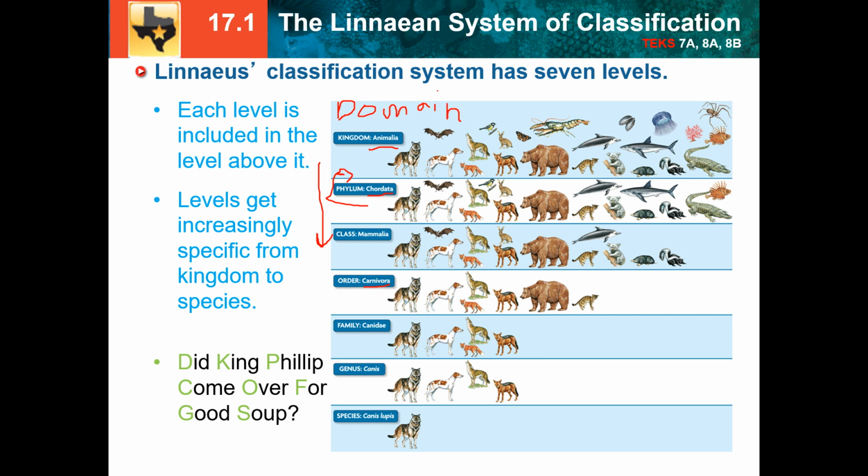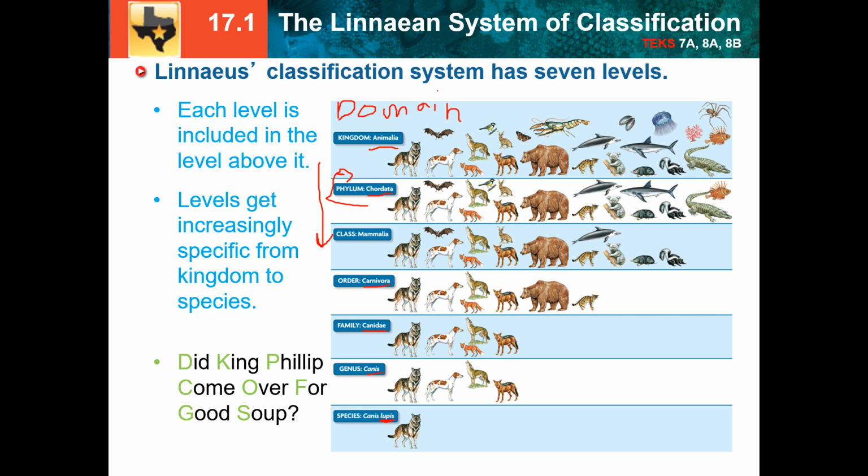Then the family Canidae, which is kind of referring to four-legged, dog-ish sized animals. Then the genus Canis, which includes things like the wolf, and other dogs, coyote, fox. But then specifically, you get the species Canis lupus.